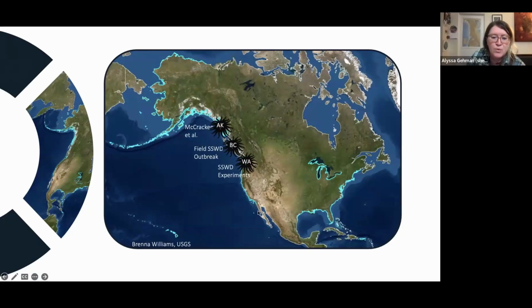We are still working with colleagues to get access to samples from California, Oregon, and Mexico. It's a lot harder to get anything recent because so many of them died that there aren't really any animals to sample.